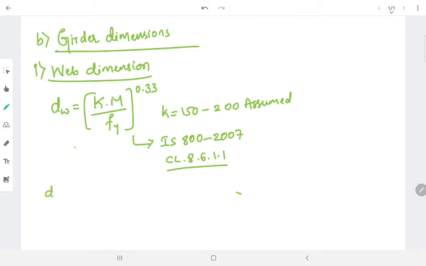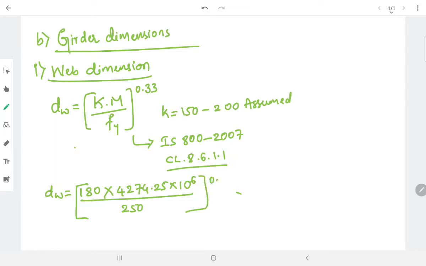Okay, so here we'll calculate dw equals k. Here I have taken it as 180 into, if you remember, the maximum bending moment we have got is 4274.25 into 10 raised to 6 Newton mm. Fy is assumed as 250 Newton per mm square, raised to 0.33.